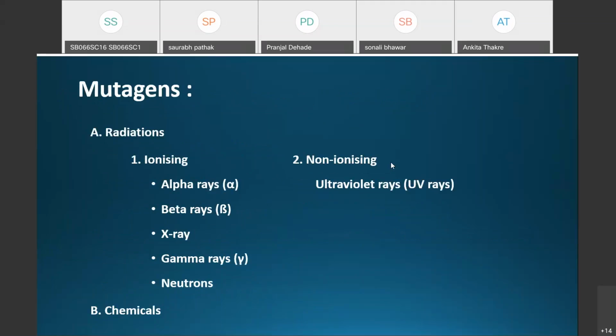What are radiations? They are the movement of energy given by radioactive isotopes. The treatment of plants with radiations to induce mutation is called irradiation.